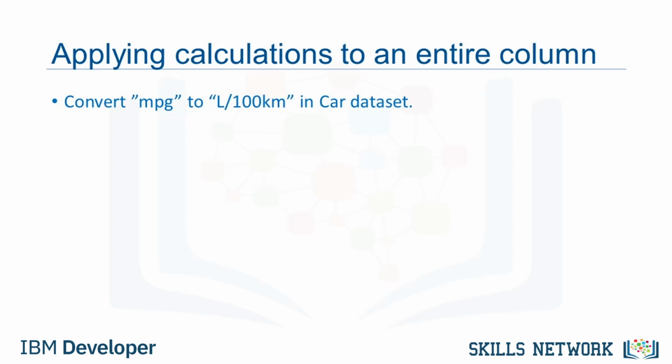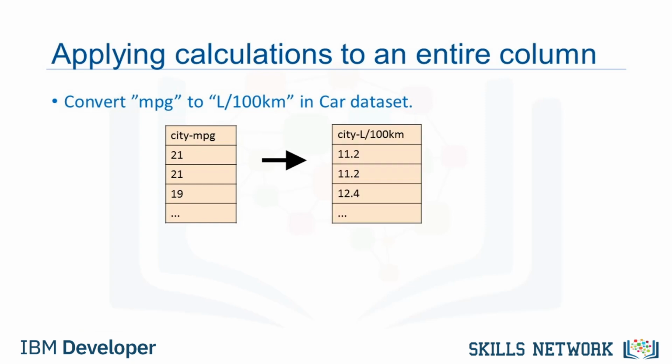Referring to our used car dataset, there's a feature named City Miles Per Gallon in the dataset, which refers to a car's fuel consumption in miles per gallon unit. However, you may be someone who lives in a country that uses metric units, so you would want to convert those values to liters per 100 kilometers, the metric version.